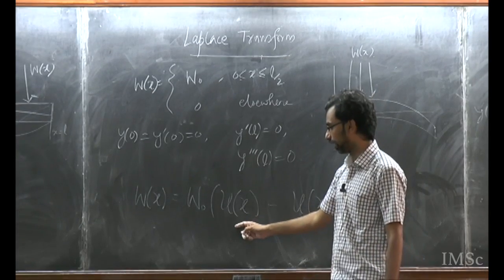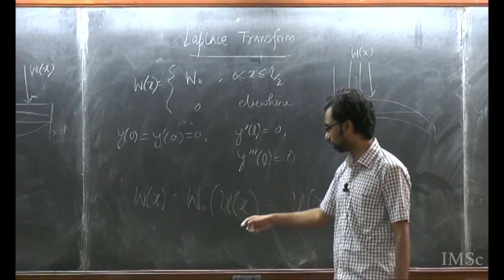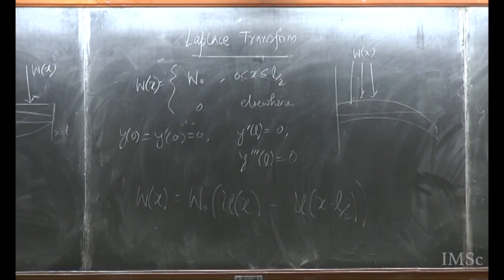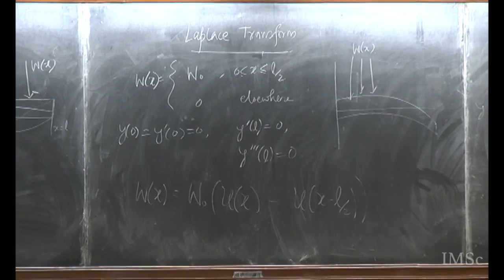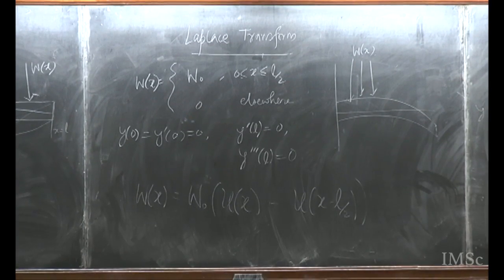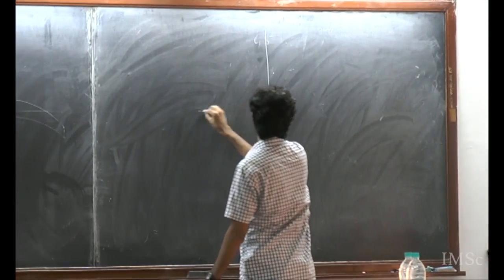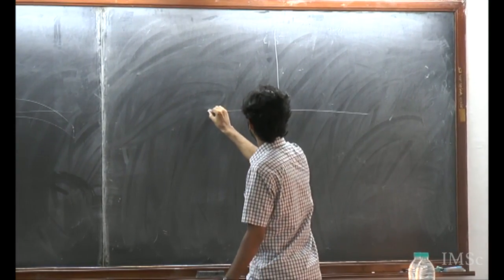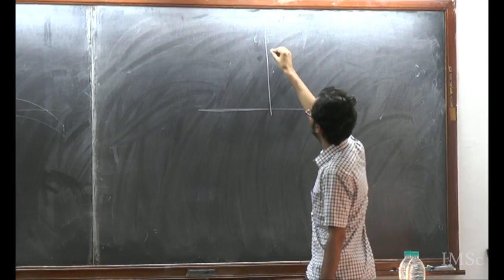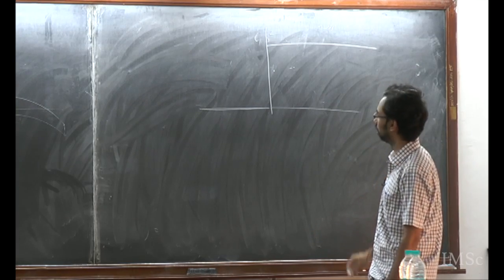What is u of x for x less than 0? It is 0. Okay, so this is u of just x minus 0. So let me draw a picture. So u of x is 0 for x less than 0, and it's 1 for the right half.